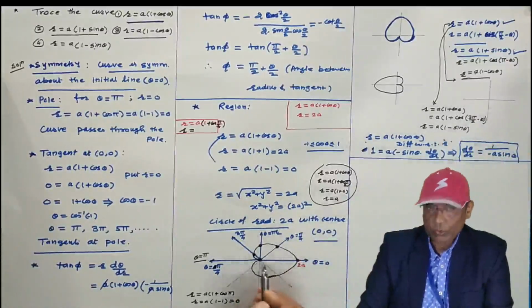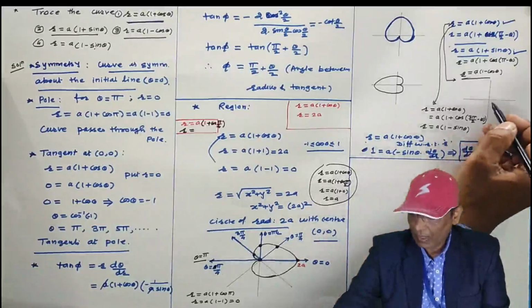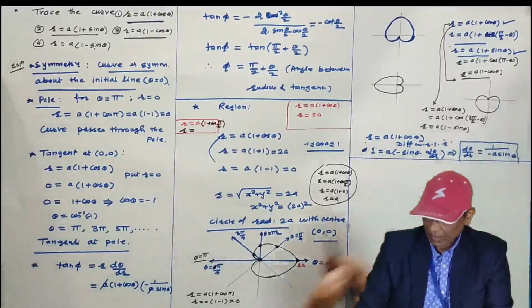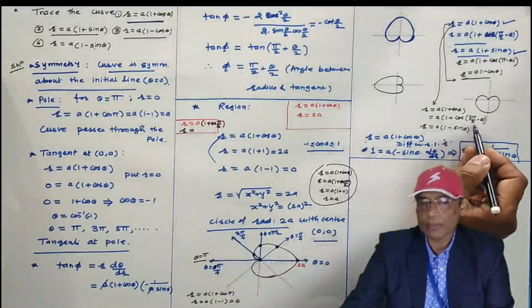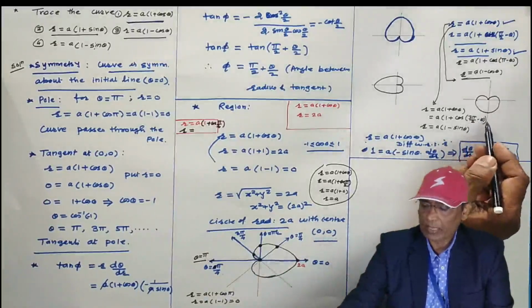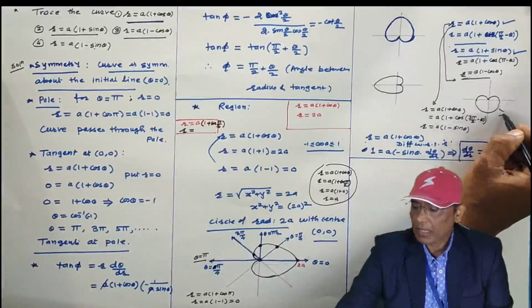If you rotate this through 270 degree, this is r equals a(1 minus sin theta).